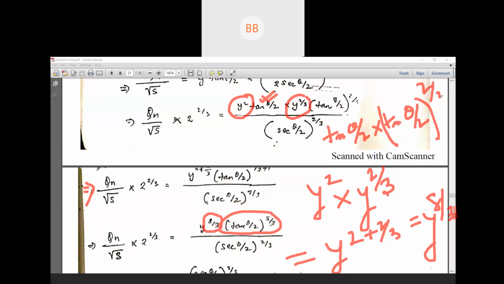So we have to add here, we have 1 and this is 2 by 3. So 1 plus 2 by 3 is 5 by 3. That is why here it's 5 by 3. And the denominator will be same.